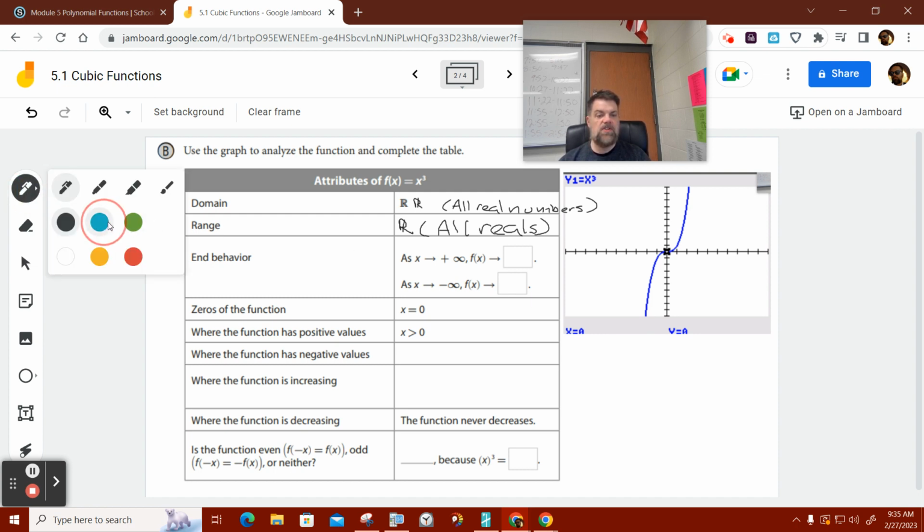Over here, this first line, and I'm going to go real slow, so don't try to write ahead of me, right? Like if you write the domain as all real numbers, the range as all real numbers, and now we're working on end behavior, don't think that you need to hurry up and write all this other stuff down. Just stay with me, and I'll go slow enough because I need to explain it to you too.